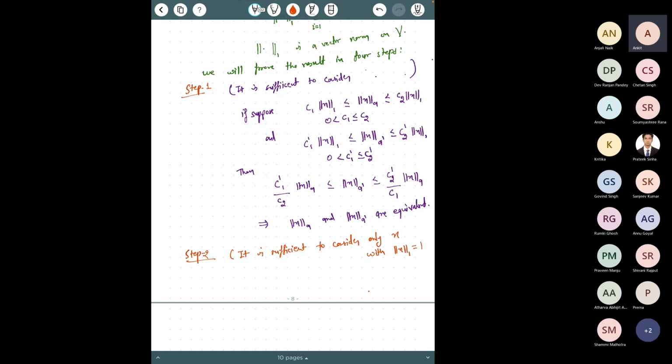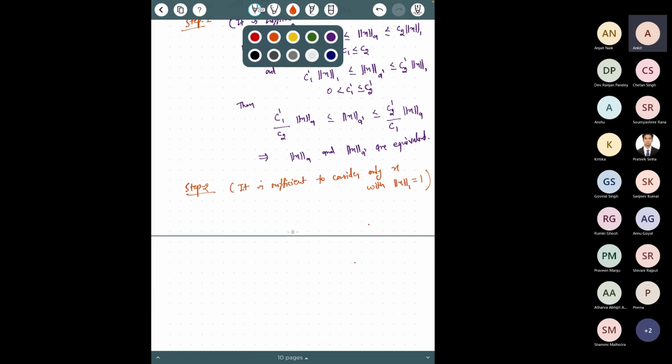So you take the vectors for which the one norm, the norm which we have defined here, is equal to 1. If you consider only such vectors, then also we are done. Why is this? Because what we want is C1 and C2 such that this is satisfied, right?